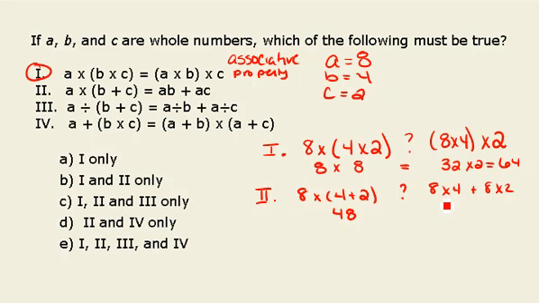On the right-hand side, we get 8 times 4, which is 32, plus 8 times 2, which is 16, which also gives us 48. Therefore, 2 is also an equivalent statement. We refer to statement 2 as the distributive property of multiplication over addition because we distribute a over, or into, our parentheses.